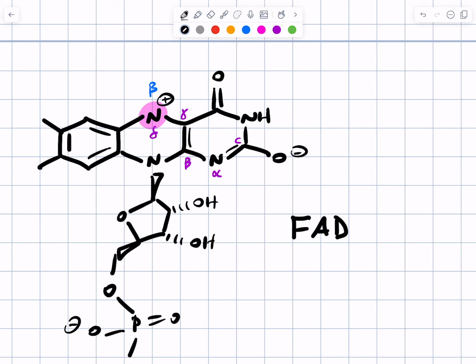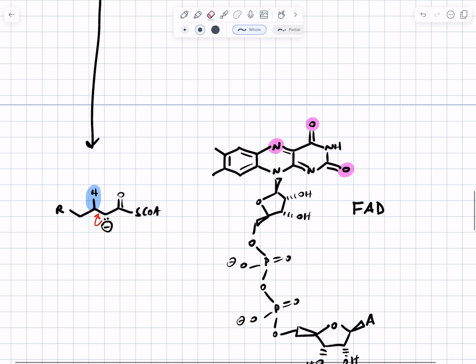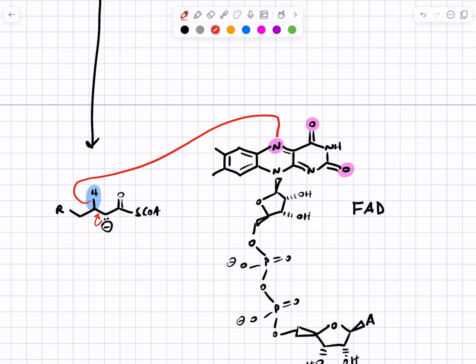So hopefully you can see that those two carbonyls here and here make the nitrogen that I've highlighted in pink electrophilic, and it's a hydride acceptor. So as the lone pair kicks off the hydride, that hydride is accepted by FAD.